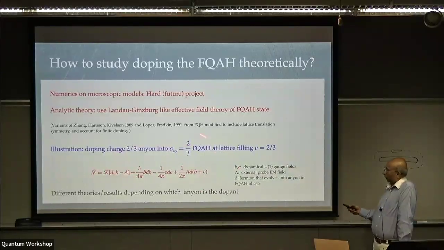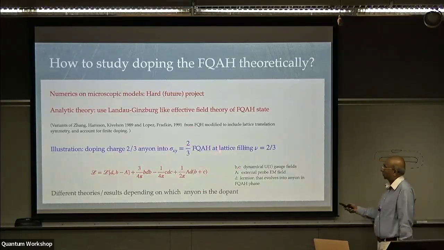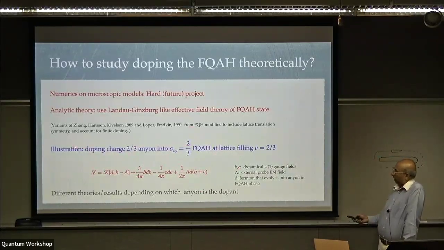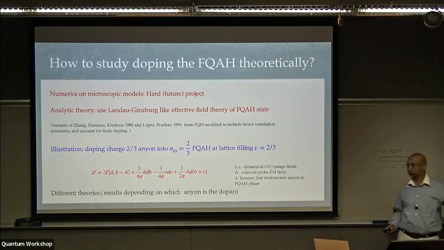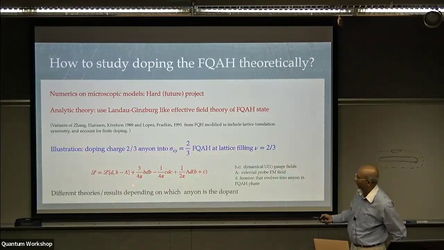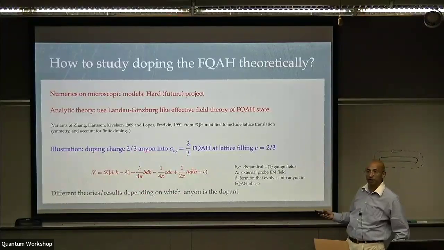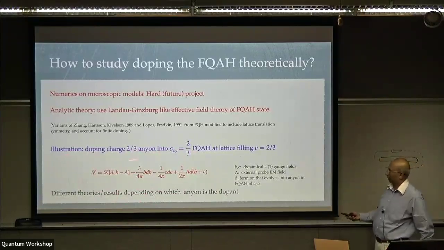So let me illustrate it by talking about the most prominent fractional quantum Hall state seen in these lattice systems, which is the 2/3 state. And we can ask about doping the charged 2/3 anyon into this state. Now, the state itself has a description in terms of gauge fields with Chern-Simons actions and things of that sort. And then the anyons will be modeled as matter degrees of freedom that couple to these gauge fields, and you'll get some effective low energy Lagrangian, which has some sort of general structure.